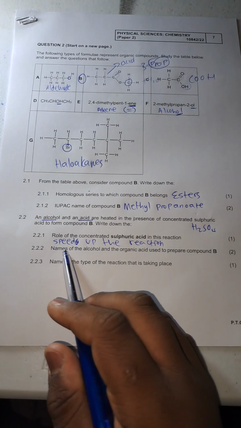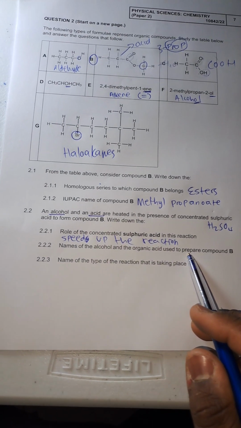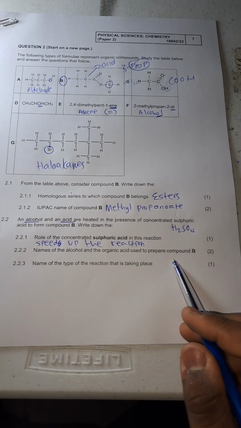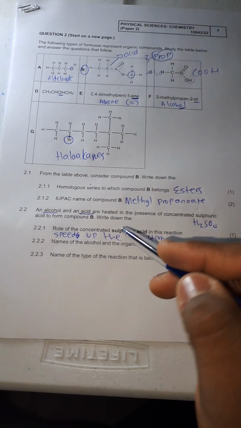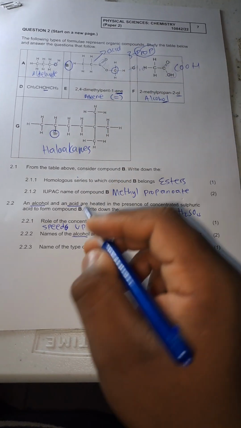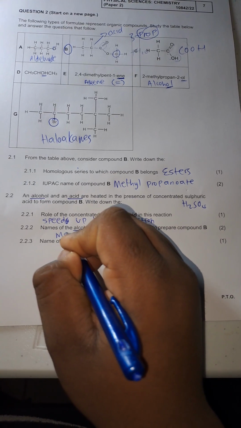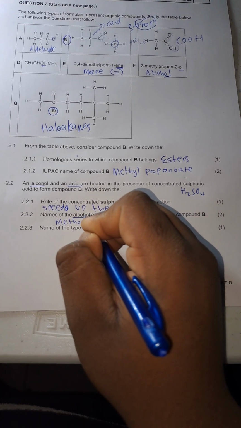Simple, 1 mark. Names of the alcohol and the organic acid used to prepare compound B. I already told you before, after analyzing everything, they want the alcohol. I have 1 carbon atom, which means it is methanol, under alcohol, right?